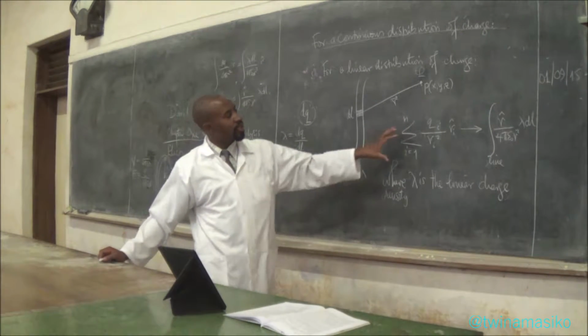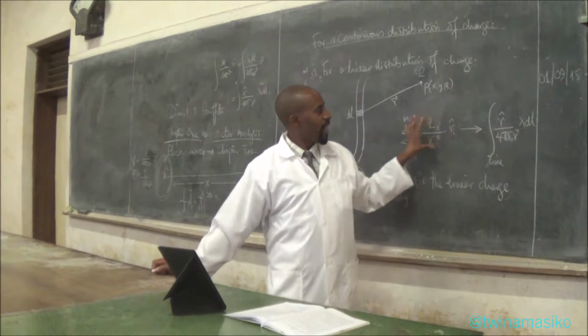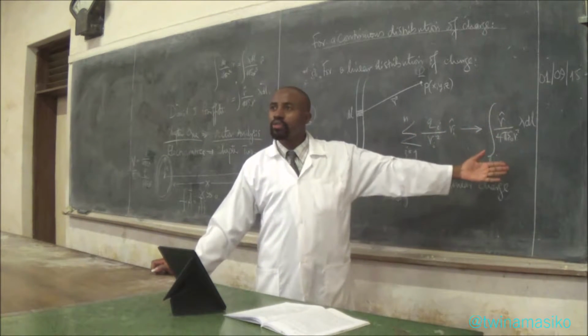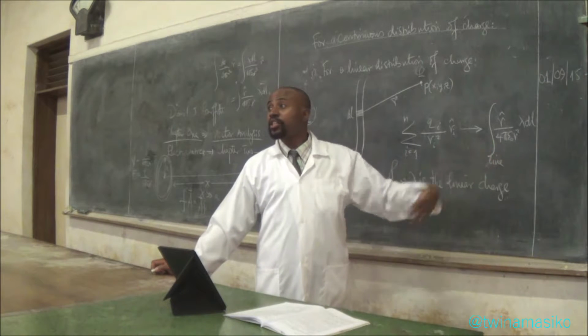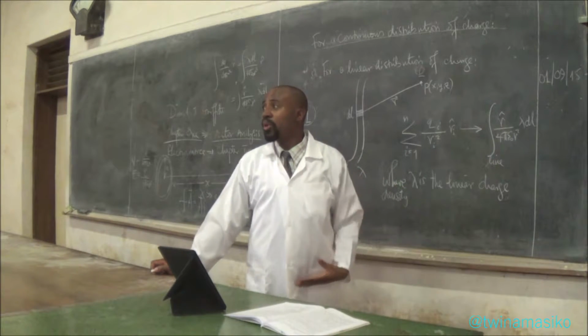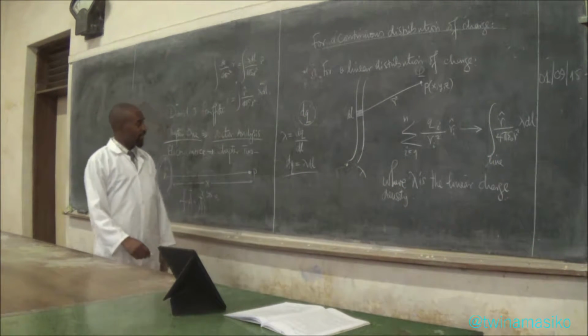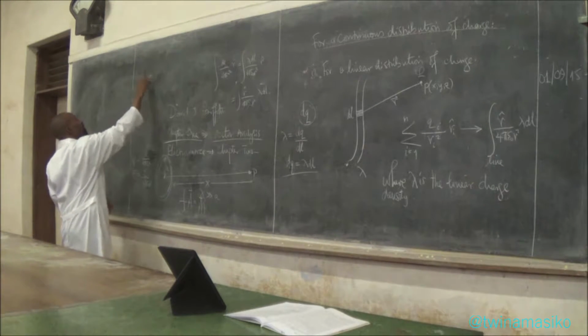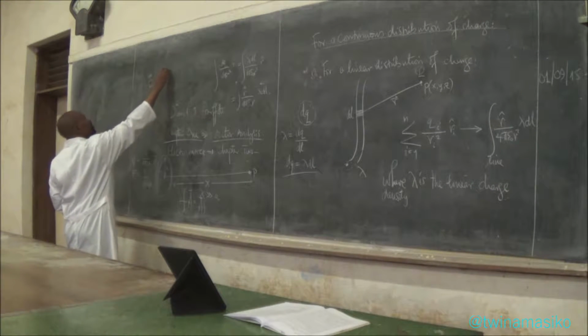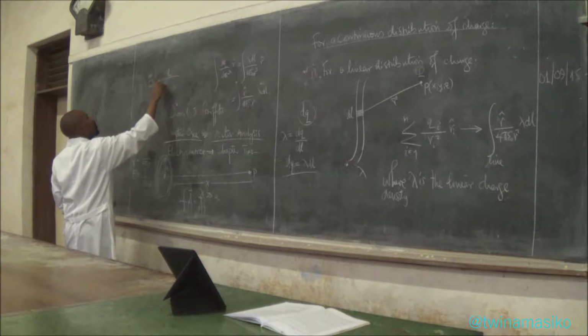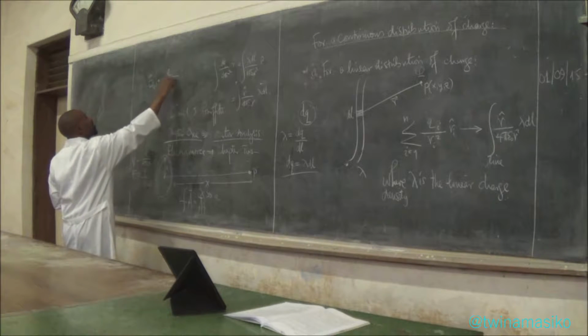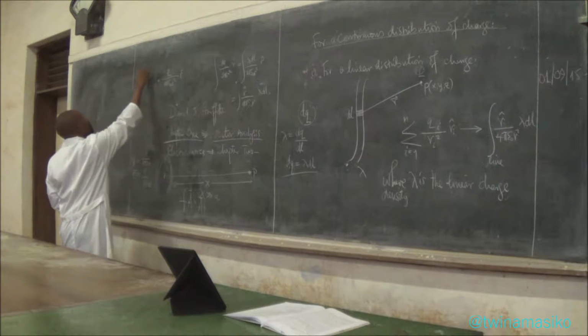So we've only just managed to get the transformation, but we haven't actually gotten to the point where we stopped yesterday, where we had our E at P being the same as Q over 4 pi epsilon naught R squared, R roof.